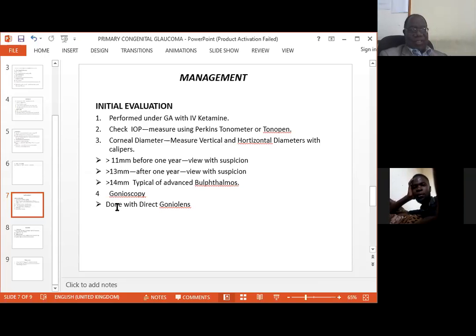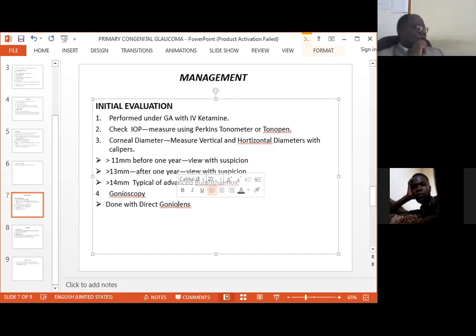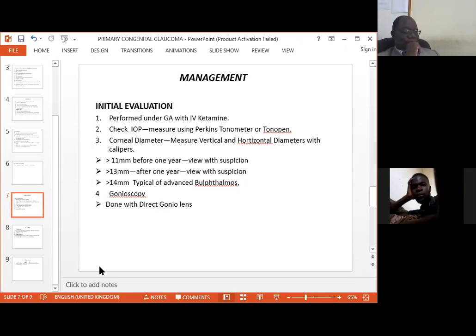You do this with an indirect gonio lens. You can measure. First, you also do a gonioscopy. Gonioscopy, what does it help you to do? To check the angle. To visualize the angle, you use gonioscopy.